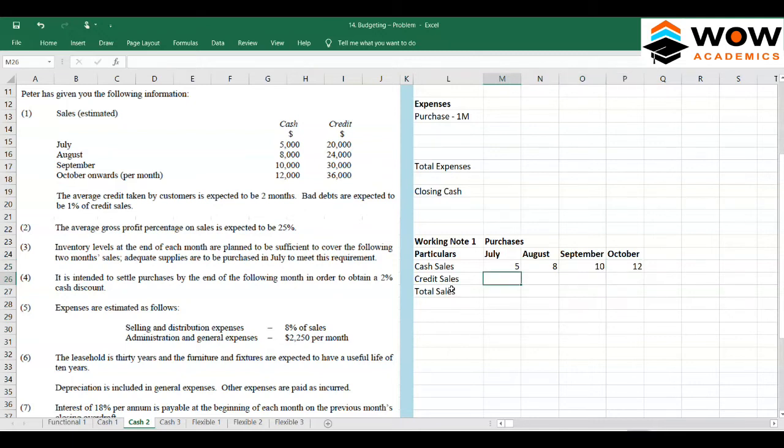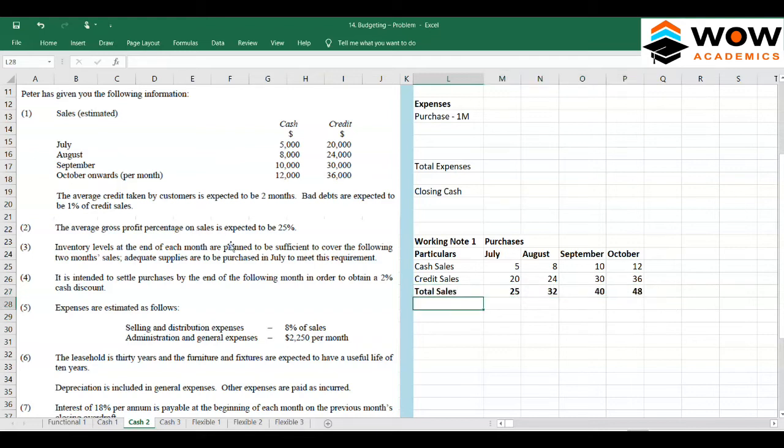Credit sales is 20, 24, 30, and 36. So the total would be, okay, so this is the total of sales.